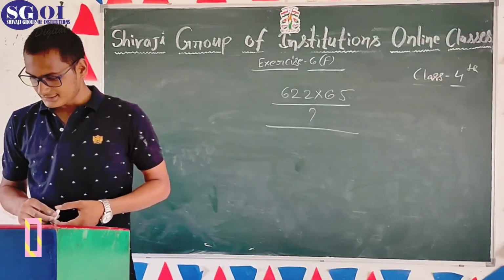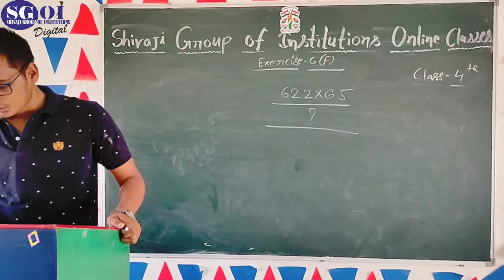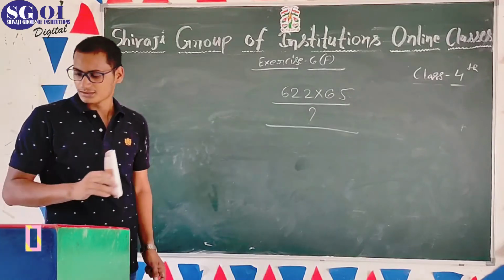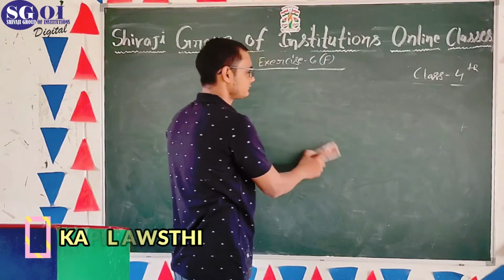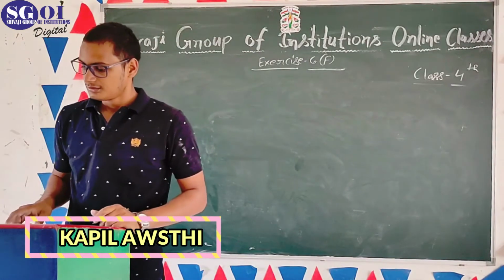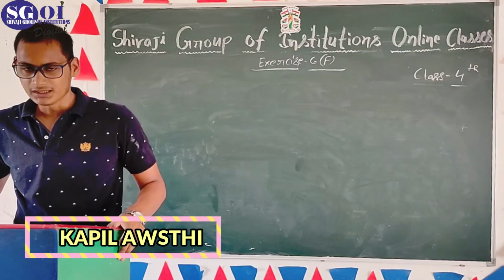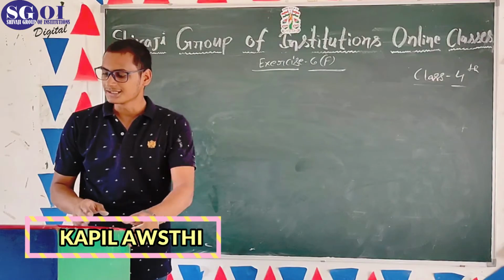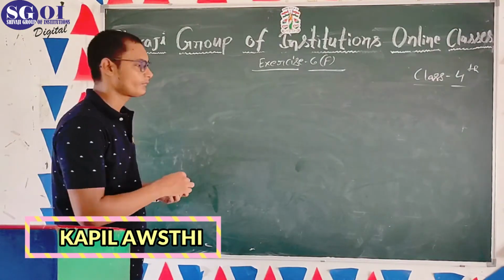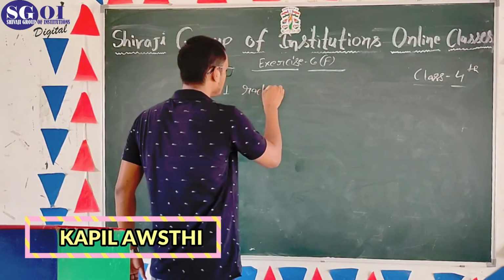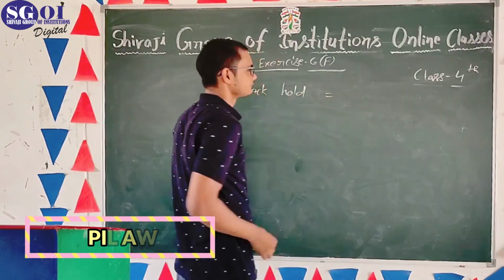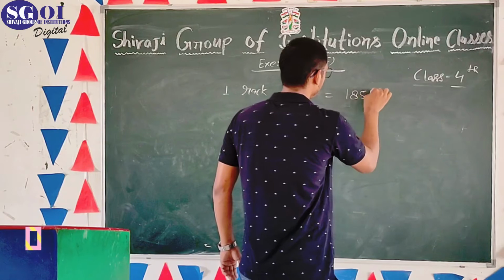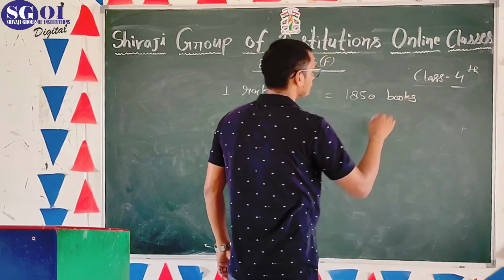Next, a rack can hold 1850 books. How many books can be kept in 46 such racks? One rack holds 1850 books.